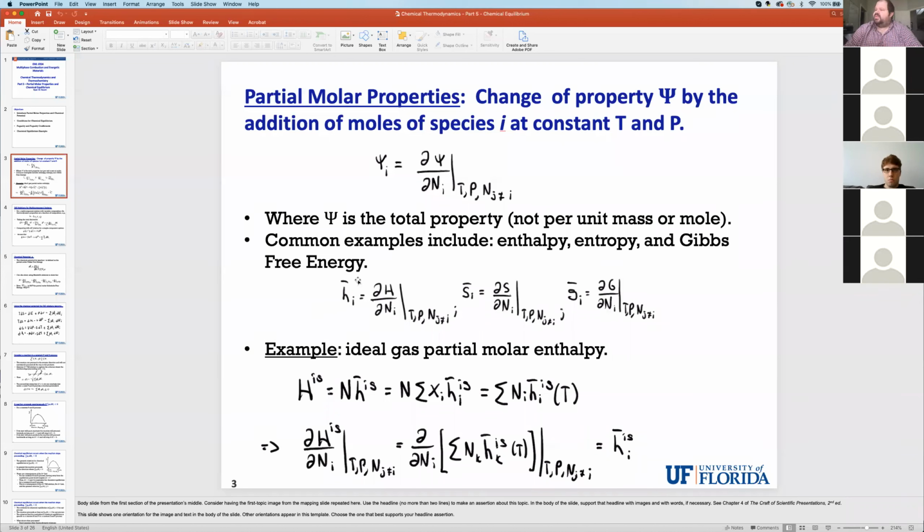H is used quite a bit, and G is also one we will use a lot, because the partial molar Gibbs free energy is actually called the chemical potential. I ended off showing an example of the partial molar enthalpy for an ideal gas, and it's just h bar.